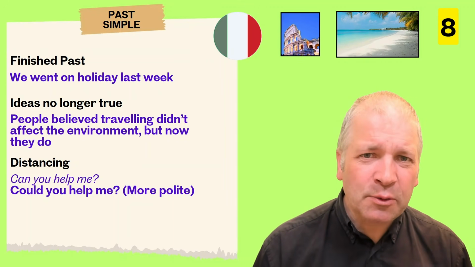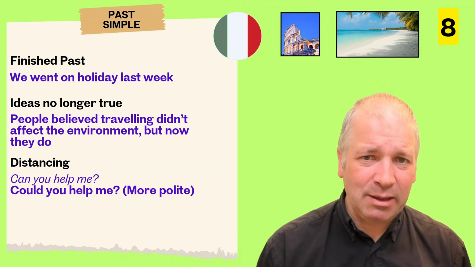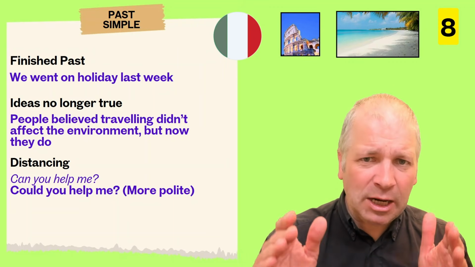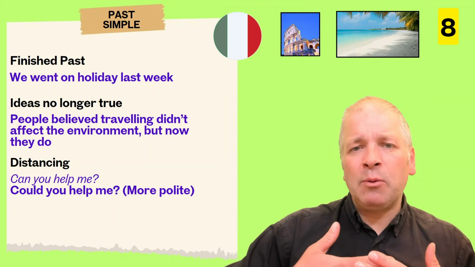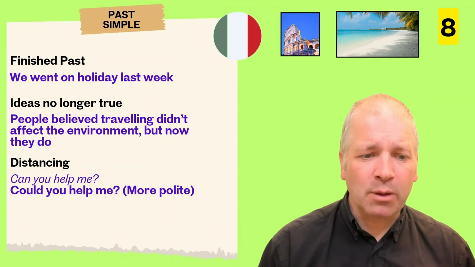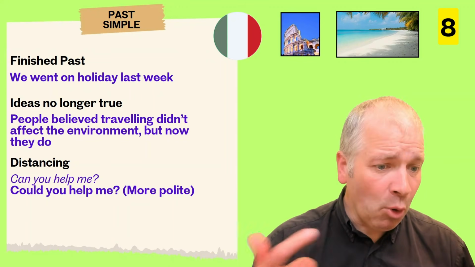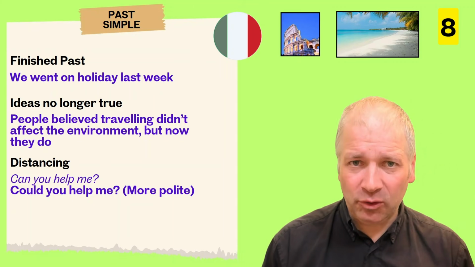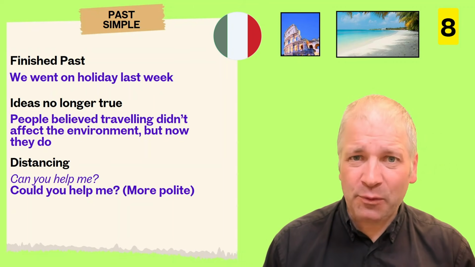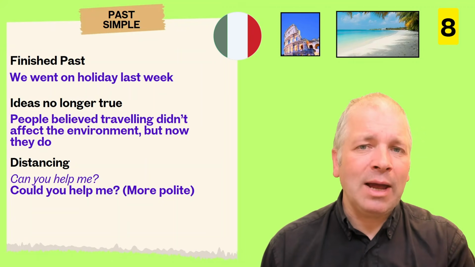And we also use the past simple for something called distancing. This is when we use language and grammar to become more polite by putting more distance between what we say and the listener. So "can you help me" can become more polite by saying "could you help me", changing can into could. Could is often a past form of can, and this makes it more polite.